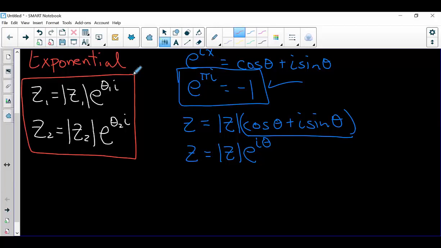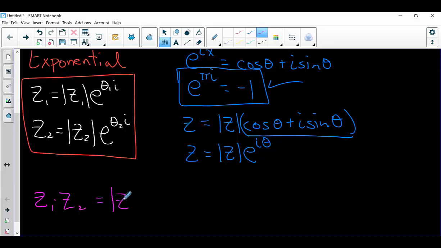Just take a minute and dig this. Let's suppose I've got Z1 times Z2, so I'm multiplying these complex numbers together. Well, if I have them in exponential form, look what that looks like.